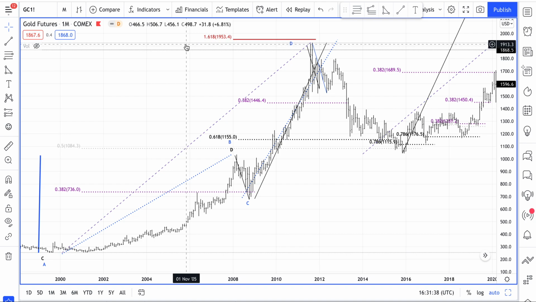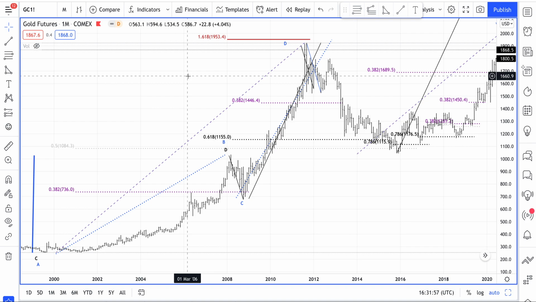It didn't really reach that level, but it was close enough. It's 23, 25 points, which is not a lot in percentage terms. So that's a very interesting observation.